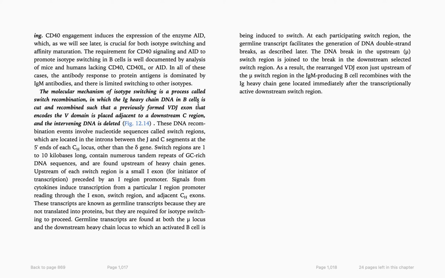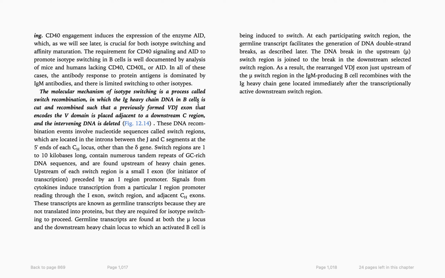Switch regions are 1 to 10 kilobases long, containing numerous tandem repeats of GC-rich DNA sequence, and are found upstream of heavy chain genes. Upstream of each switch region is a small I exon for initiation of transcription, preceded by an I region promoter.